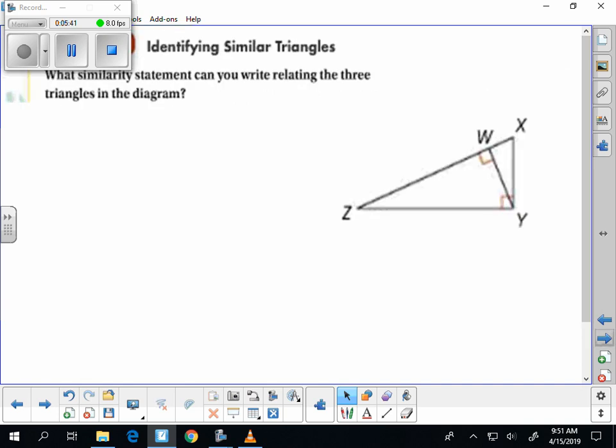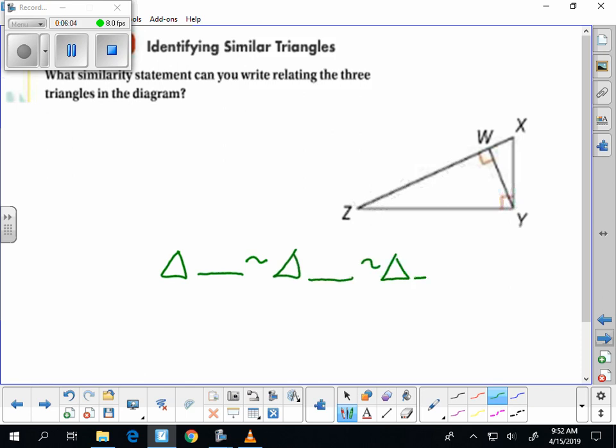All right. So if we want to write a similarity statement, what does that mean? We wrote congruency statements when we were talking about triangles being congruent. A similarity statement is just that this triangle is similar to that triangle, which is similar to that triangle.